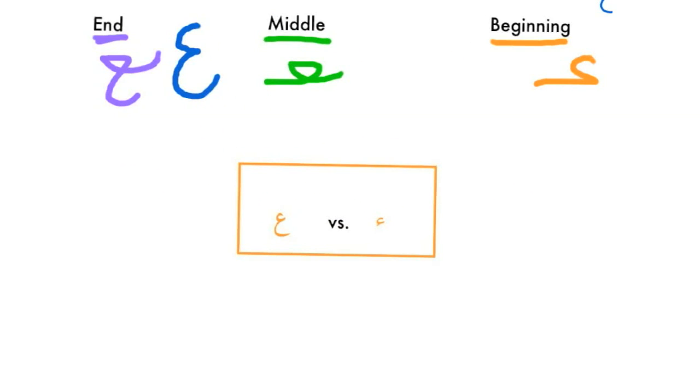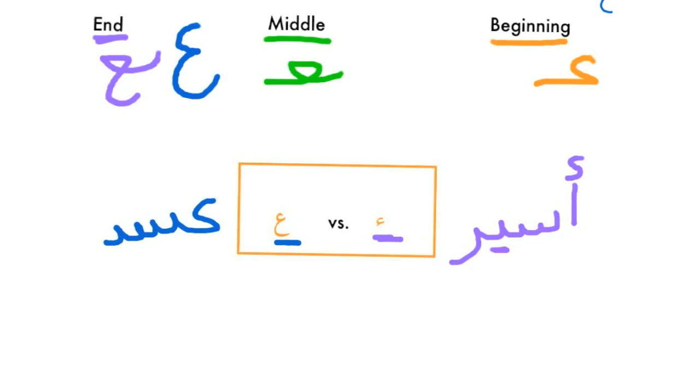Now let's look at the letter Ain versus Hamza. The first word is Asir with Hamza at the beginning, versus the word Asir with Ain. Once again, Asir versus Asir with Ain.